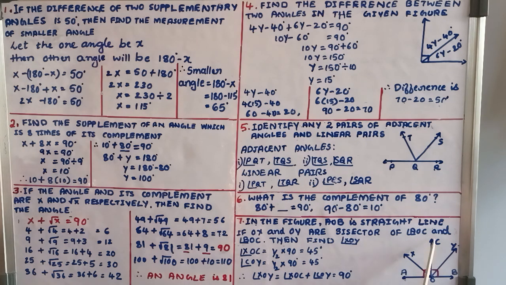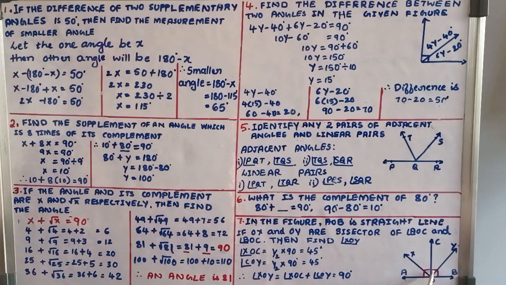Here, COB is bisected by OY, meaning OY divides this angle into two equal parts. In the same way, OX is the bisector of angle AOC, meaning it divides this angle into two equal parts.